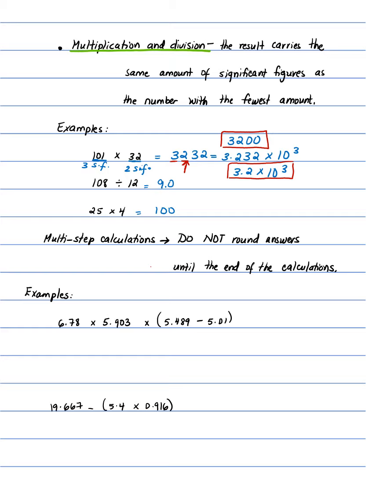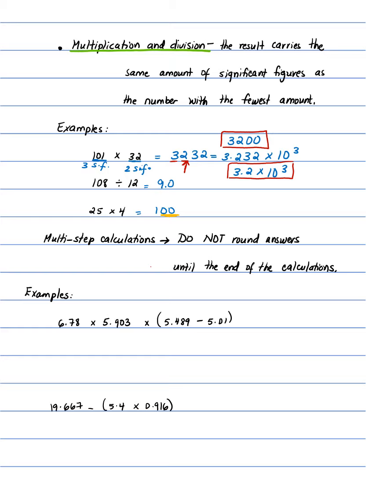So 100, you have 3 digits in that number. But out of your 3 digits, only one is significant because you don't have an explicit decimal point. And since you don't have an explicit decimal point, these two trailing zeros here are not significant.